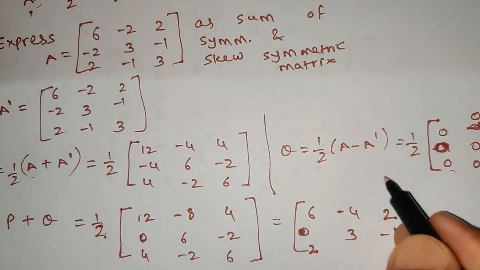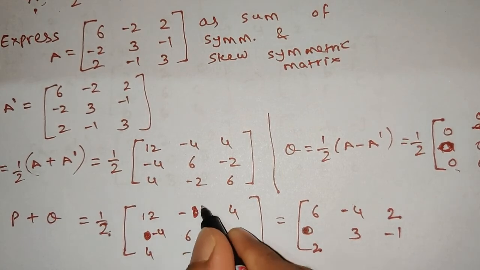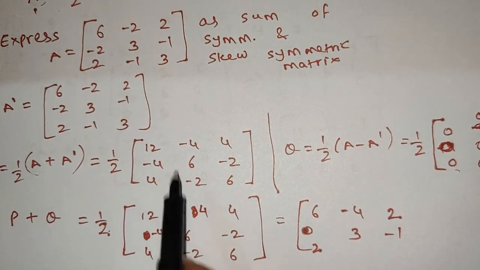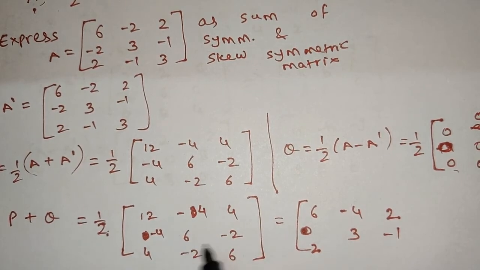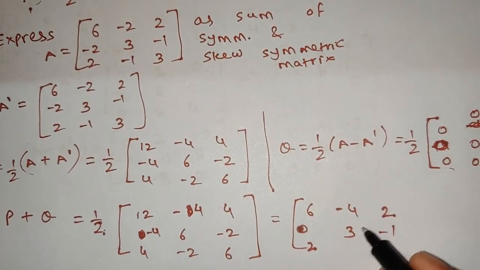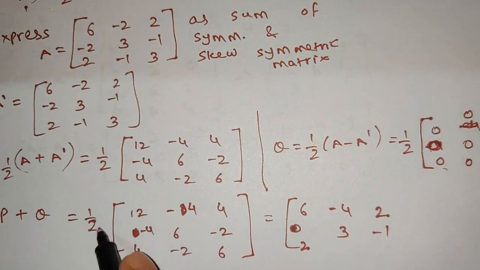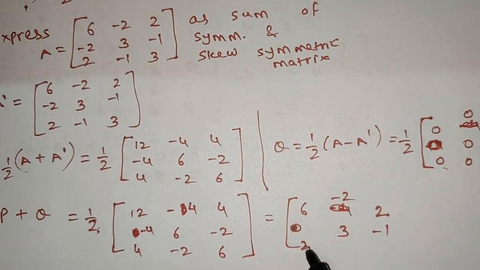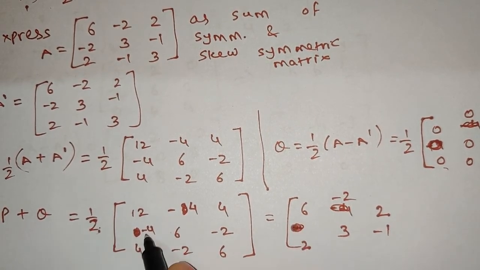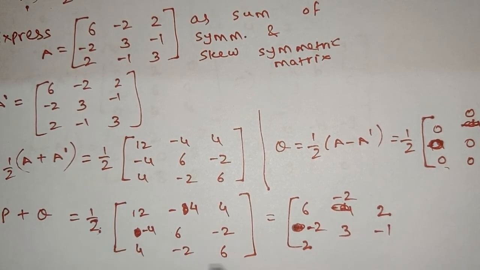If I add these two now, this will be minus 4, and I think the mistake was done here. So 12 minus 4, 4, exactly whatever matrix is this will come here, so 6 minus 2, 4 minus 2, 6. Then if I multiply each element with half, half into minus 4 is minus 2, so 6 minus 2, 2, and then this won't be 0, this will be minus 2 again, 3 minus 1, then 2 minus 1, and then 3.